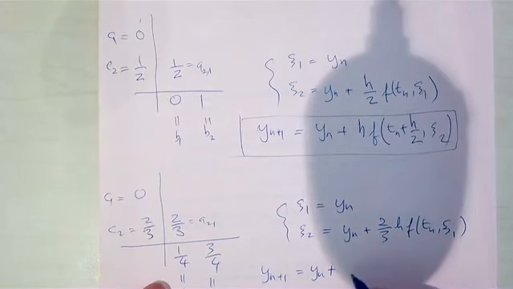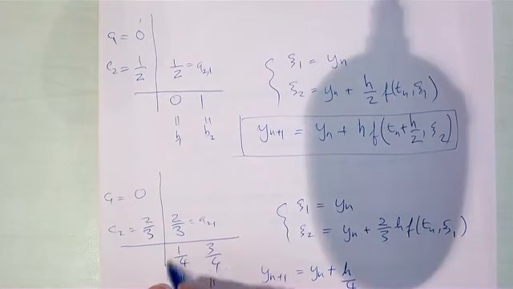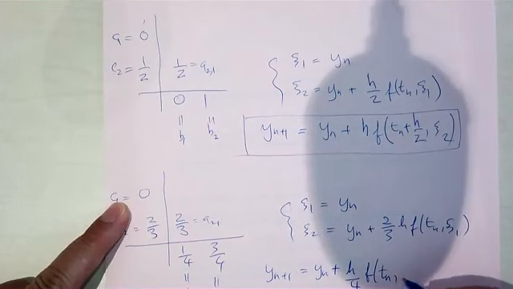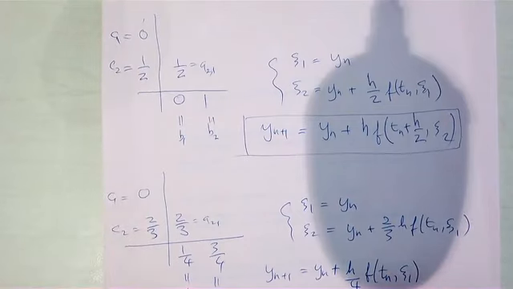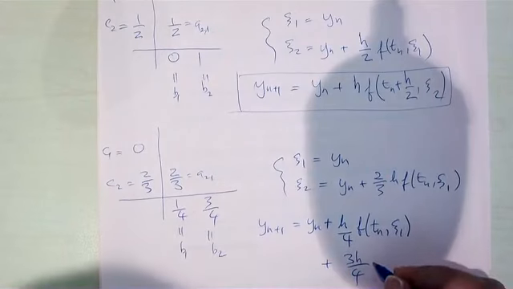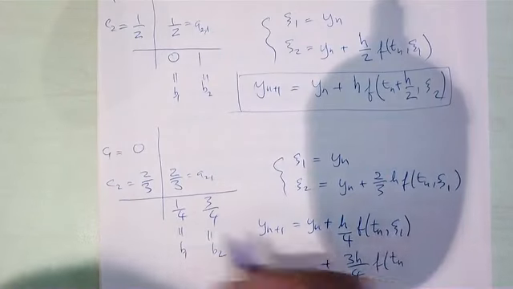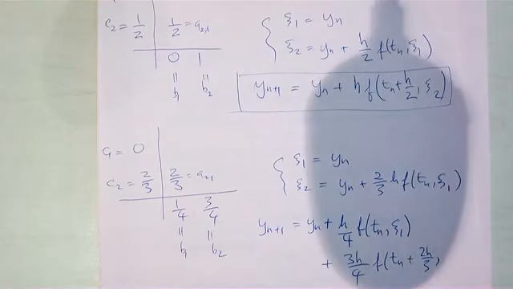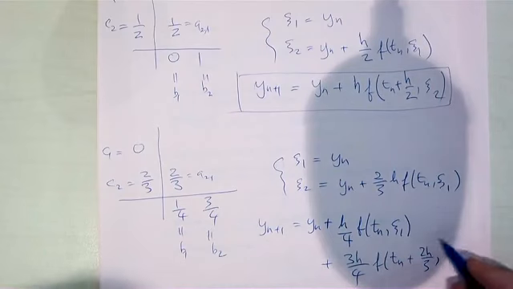So I have H over 4, yeah, for the first B1 here, then F Dn plus C1, so C1 is 0, so I have Dn Xi1, yeah, plus 3H over 4, because this term, yeah, F at Dn plus C2H, so 2H over 3, okay, and then Xi2.